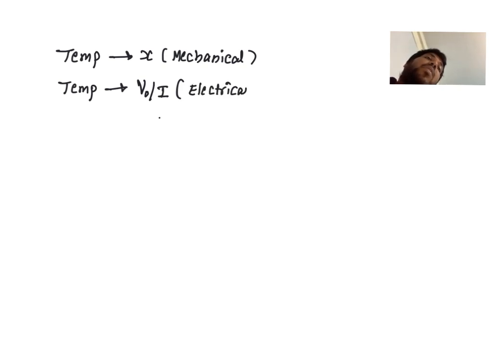Now let's get back to our actual discussion. What happens in these 5 cases is, a physical parameter is converted into either mechanical output or electrical output. This means that a sensor is a device which senses some physical quantity like temperature.